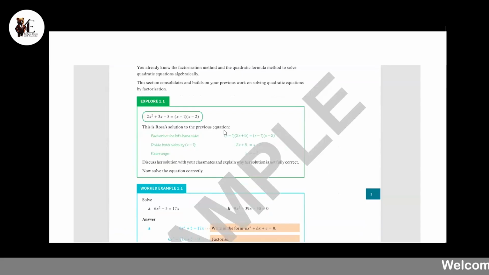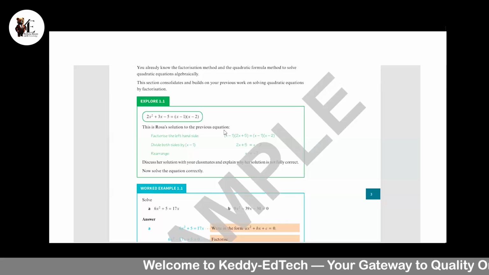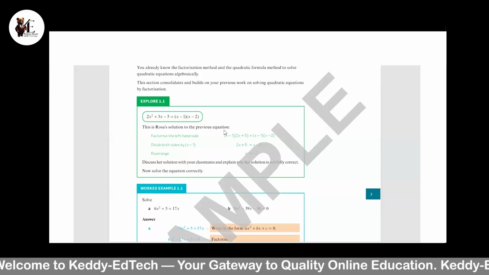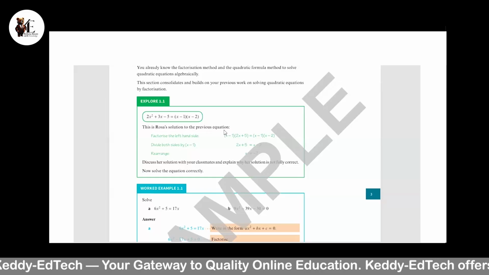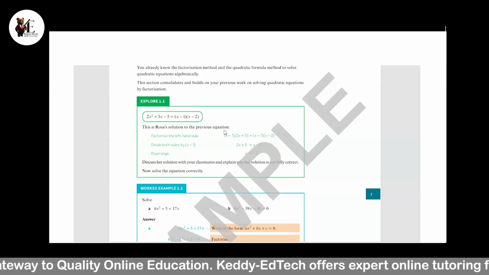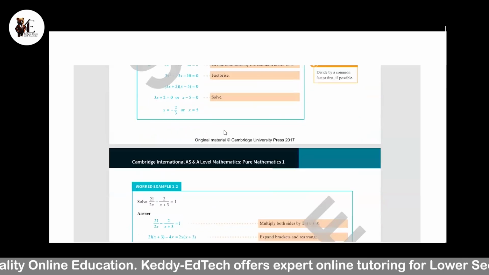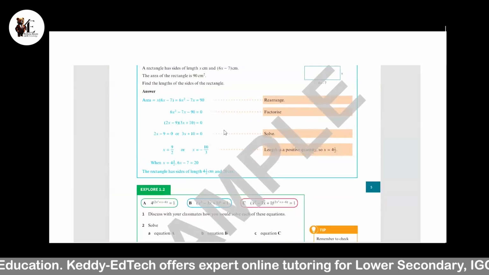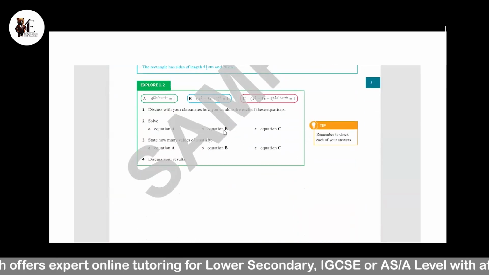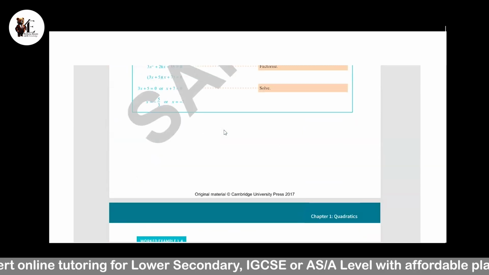There's about, okay, let me just check. 321 pages. Okay.